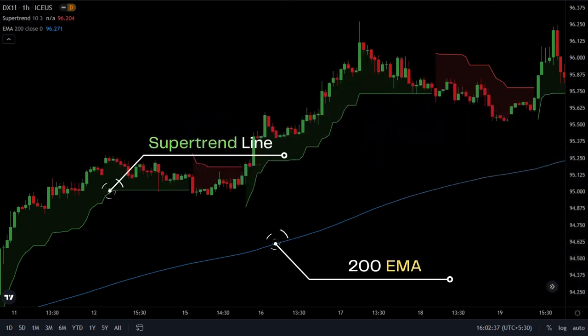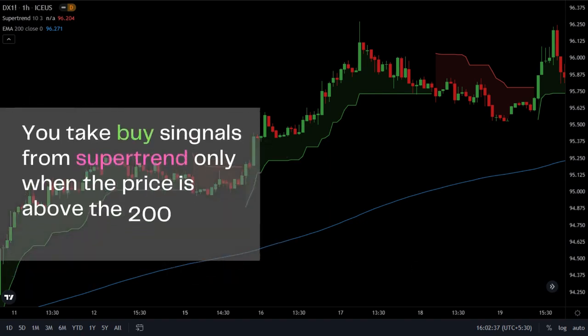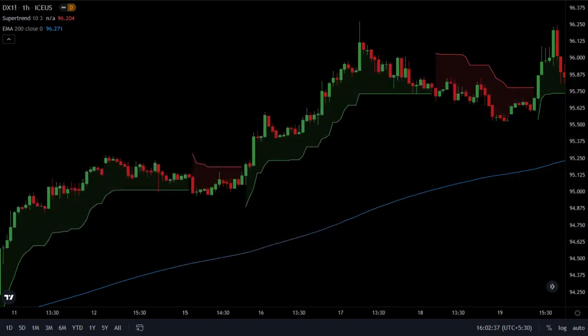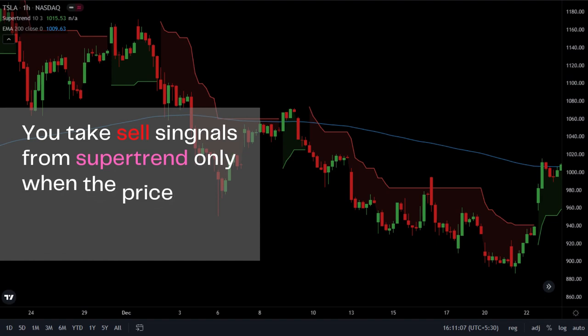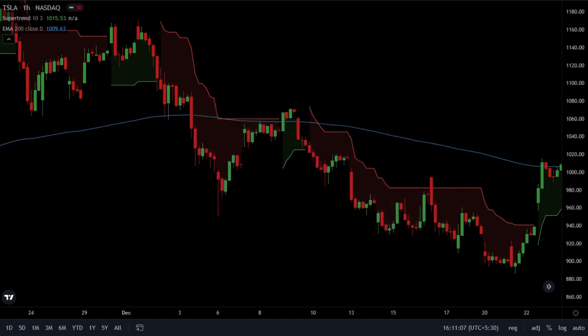Supertrend and 200 EMA can be an ideal combination for this strategy, because Supertrend can be used to detect short to medium-term trends, and the 200 EMA line can be used to detect the long-term trends. In this strategy, you take buy signals from Supertrend only when the price is above the 200 EMA line, and you take sell signals from Supertrend only if the price is below the 200 EMA line.